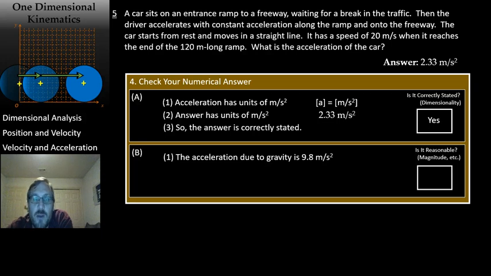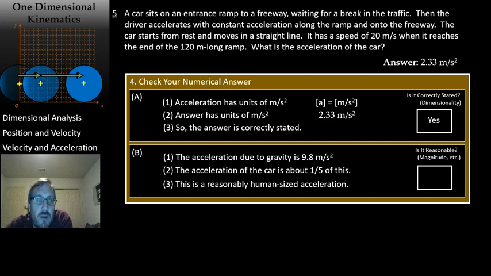For the next one, you want to figure out if the magnitude of 2.33 meters per second squared is reasonable. We know one acceleration, which is 9.8 meters per second squared, and the acceleration of the car is about a fifth of this, which means that this is a human-sized acceleration and is probably okay.